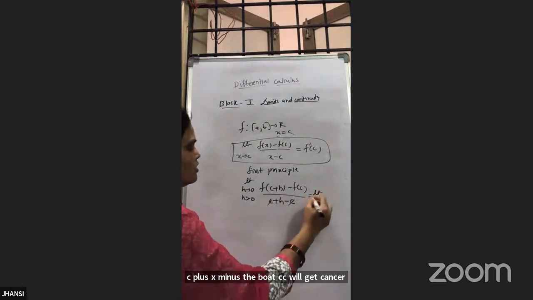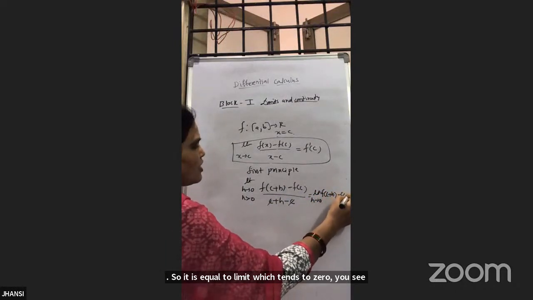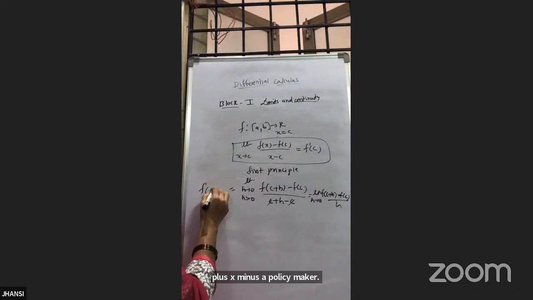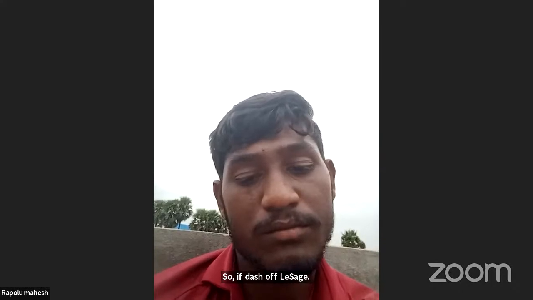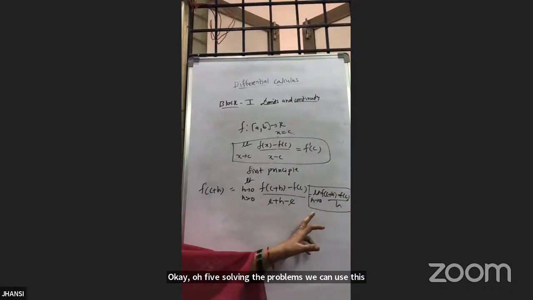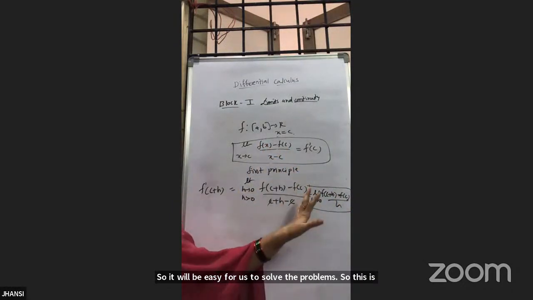So it equals limit h tends to 0, (f of c plus h minus f of c) by h, which is f dash of c. For solving problems we can use this formula, so it will be easy for us. Both this one and this one are called the first principle only.